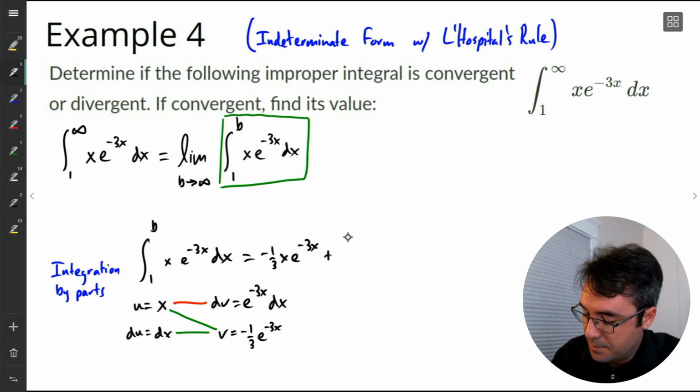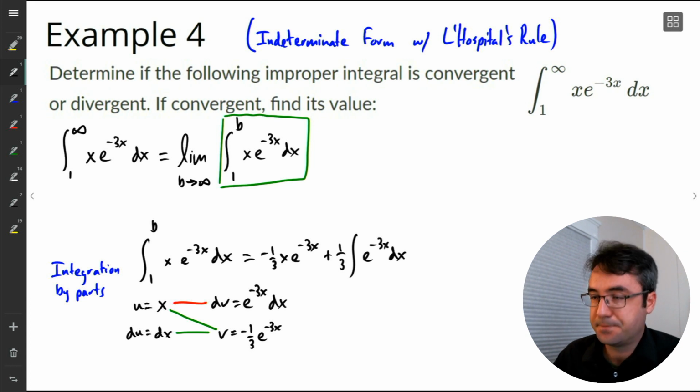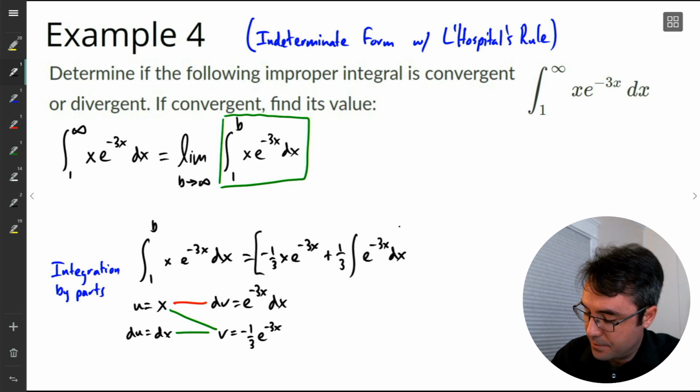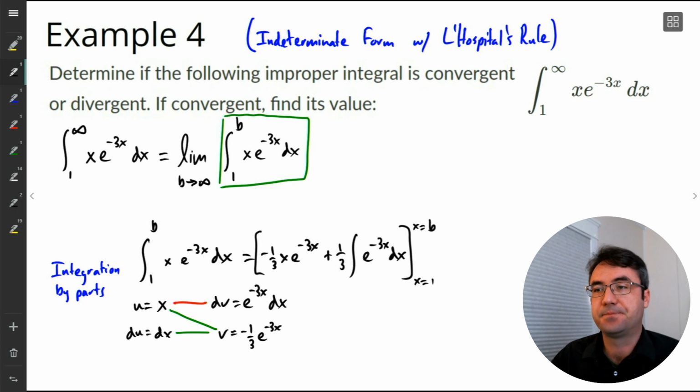We'll make this plus 1/3, bring the 1/3 right out in front, and it'll be the integral of e to the -3x dx. And then once we have that antiderivative, we'll evaluate from x equals 1 to x equals b. So we keep going, get the antiderivative of this.